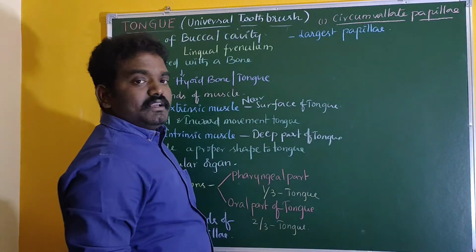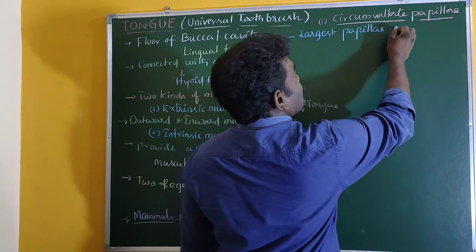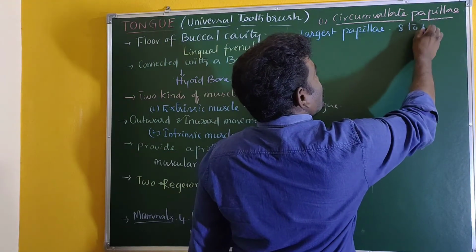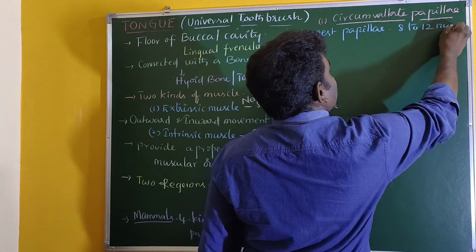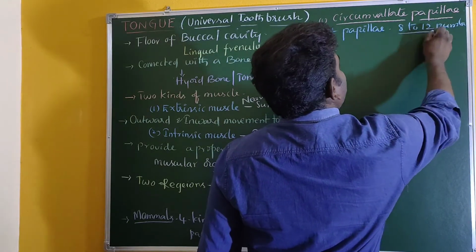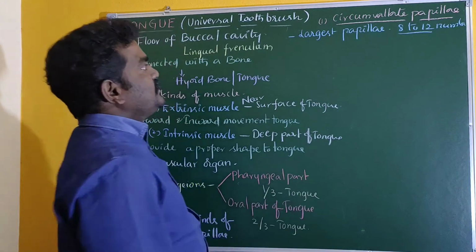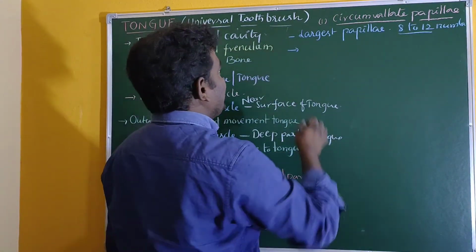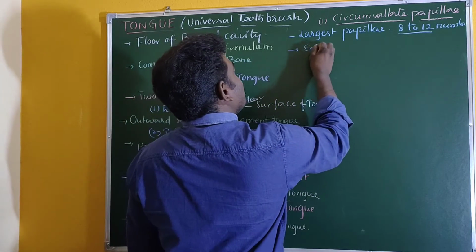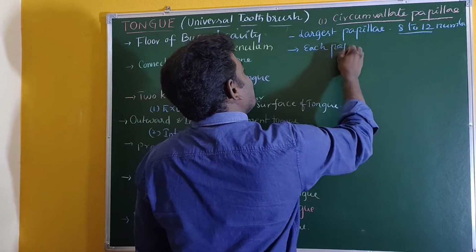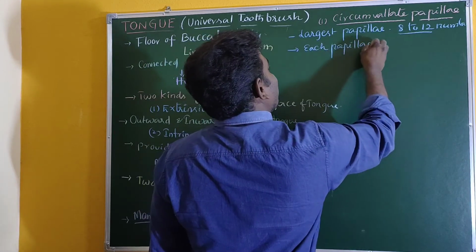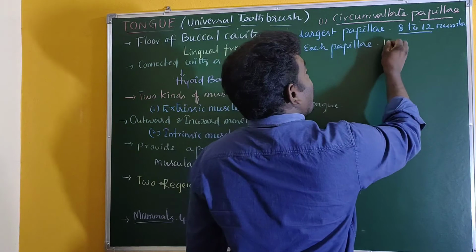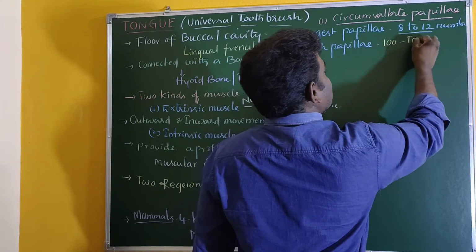Their number is 8 to 12, and each papilla contains 100 taste buds.